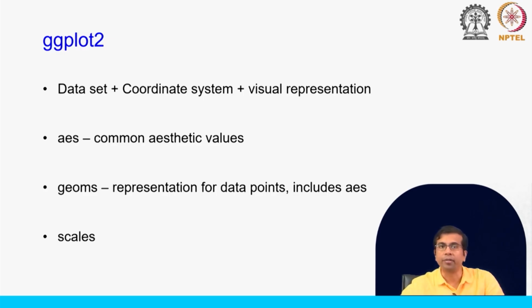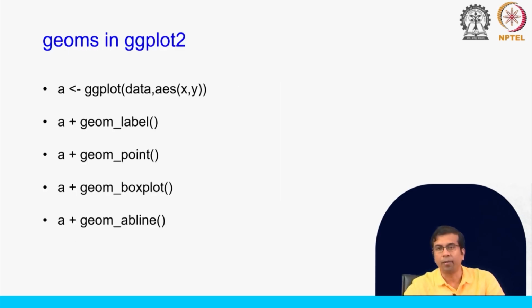And then we also see the geoms, okay. These geoms determine how we want to represent the data points, right. This might include the AES as well, okay. And then of course, you can also specify the scales.